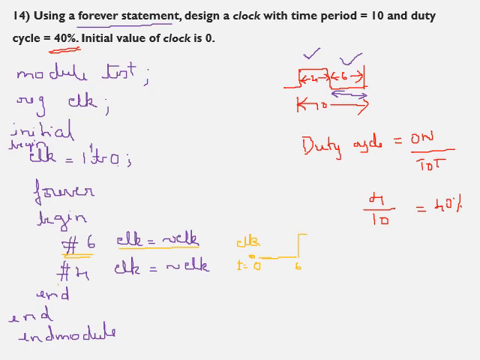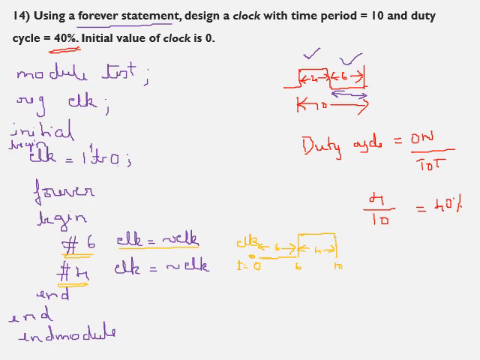Now next line is hash 4. So for another 4 time units, that means at 10. Okay, 6 plus 4, this is 4 and this is 6. At 10, clock equal to not of clock. So initially it is 1. So now not of clock means it will be 0.